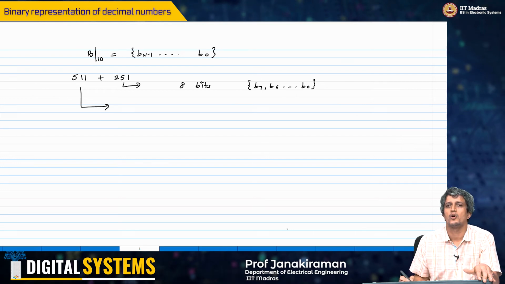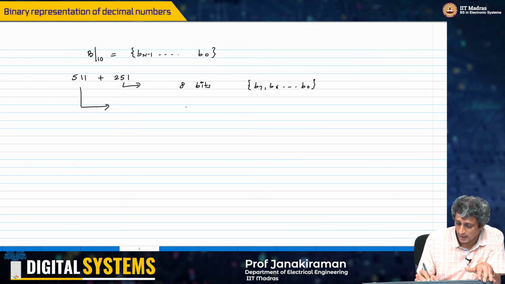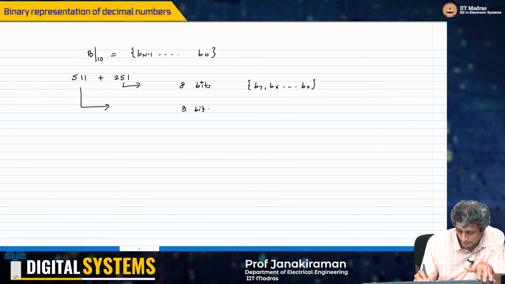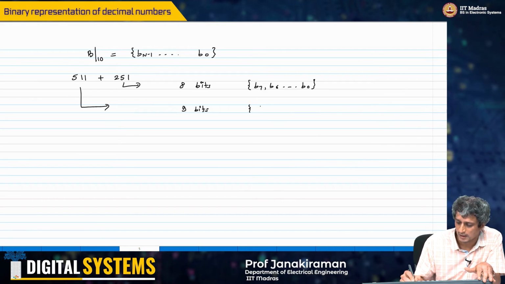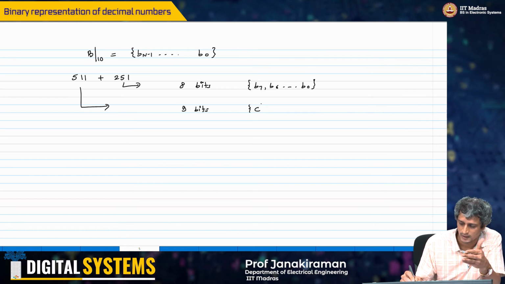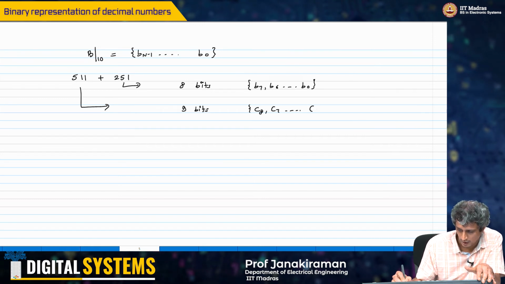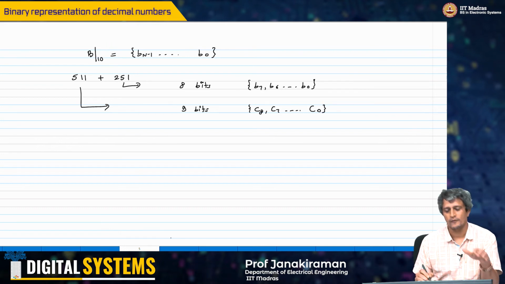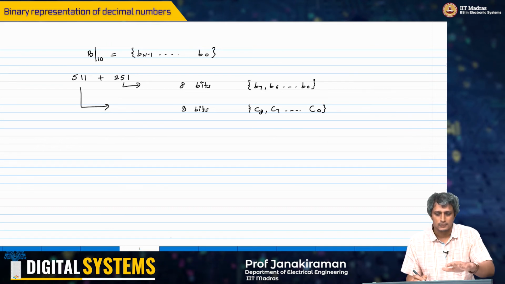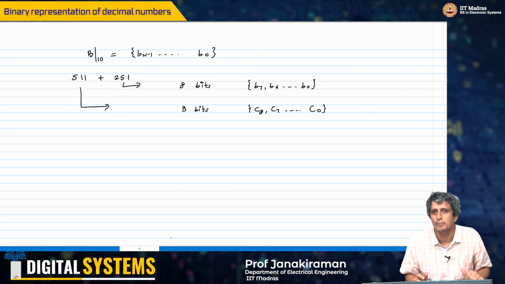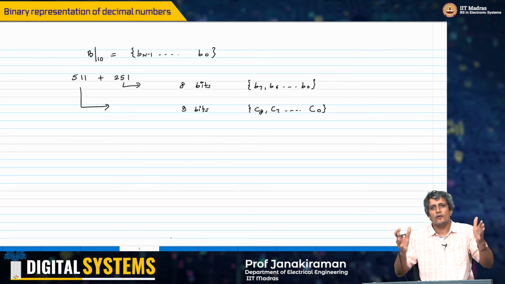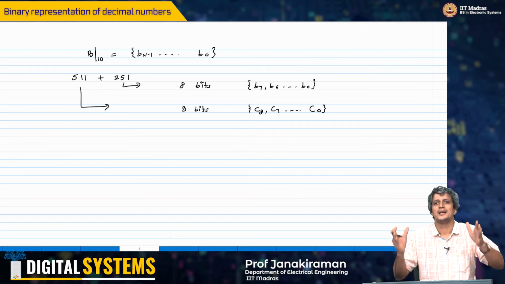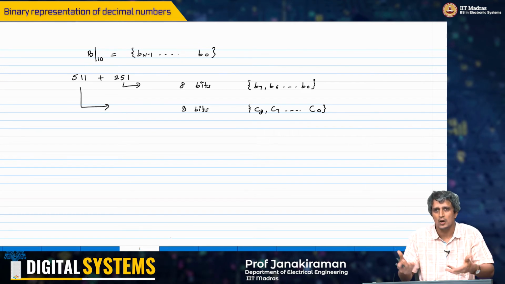You just continue doing your division and you see what number you get. You will find that you need 9 bits. So let me call this some other binary number, but I will call it C instead of B. So I have C8, C7 all the way to C0. So if I want to add this 9-bit number with an 8-bit number, it is necessary for me to represent both these numbers in the same number of bits so that I can operate on them.